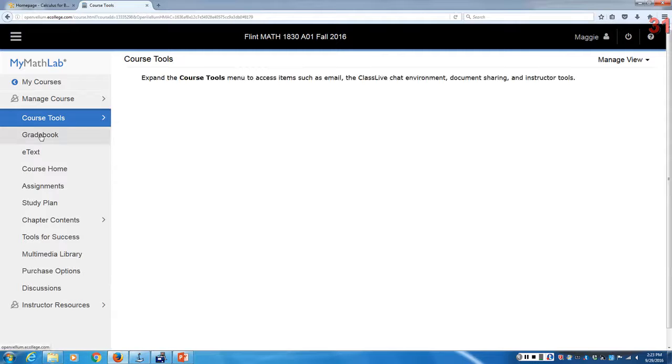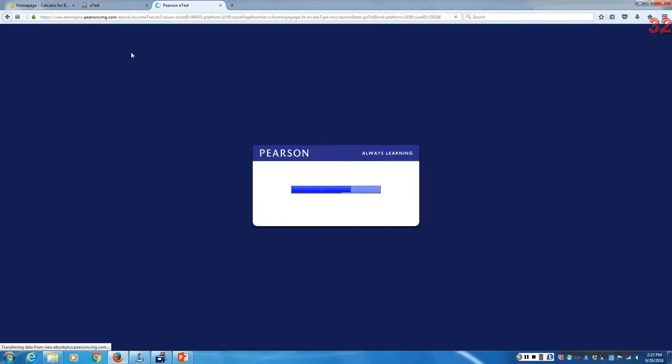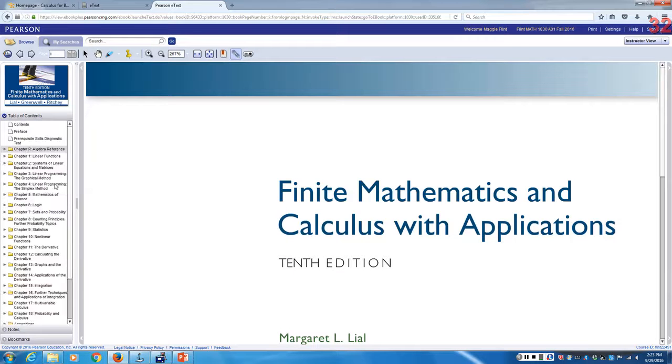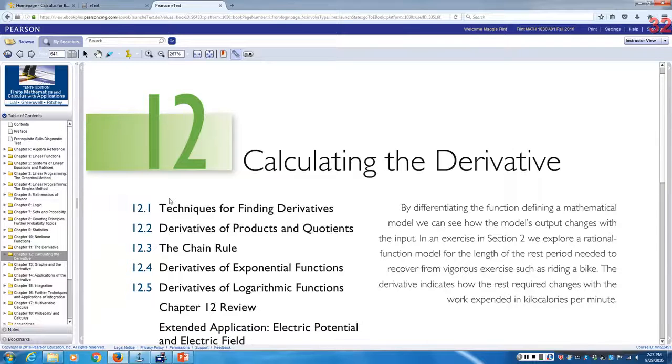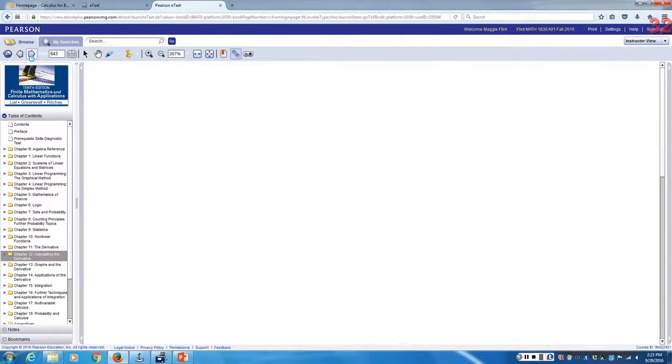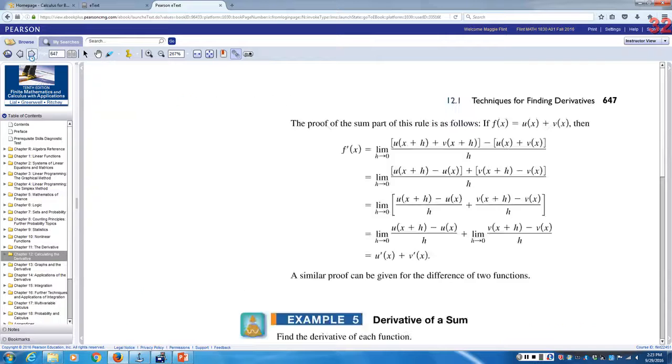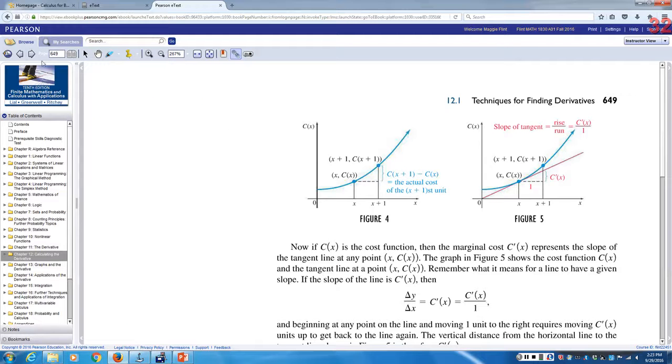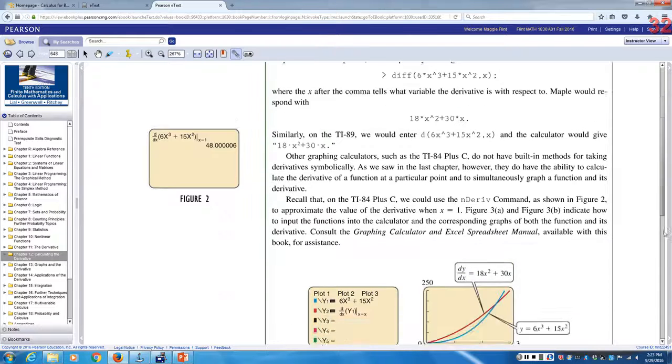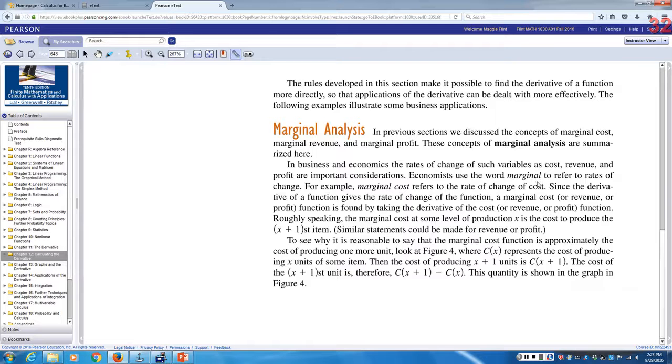So let's go look at 12.2. On the previous page, okay, this is page 648, an explanation of what marginal analysis is about.